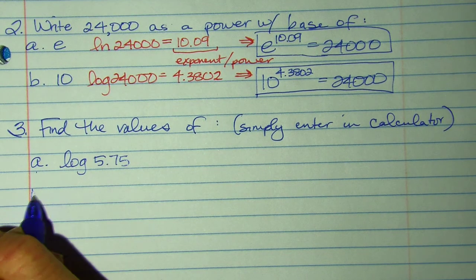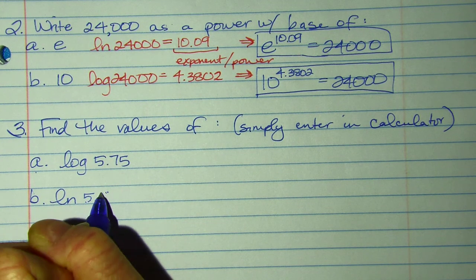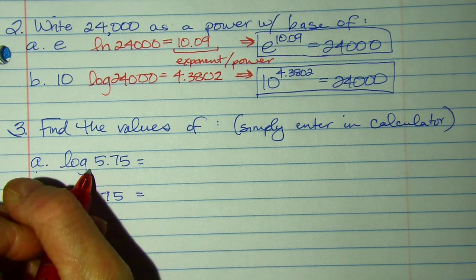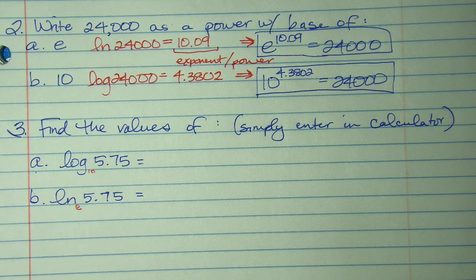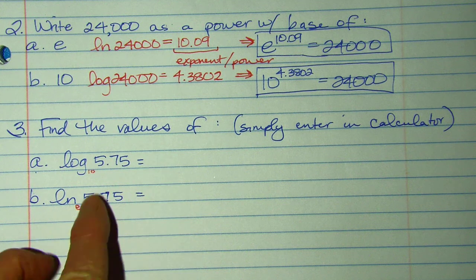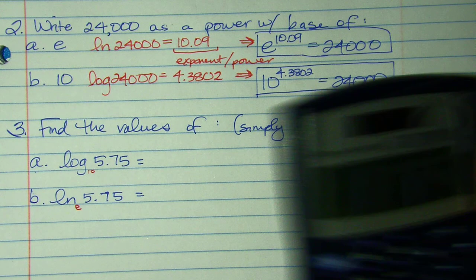And find the value of the natural log of 5.75. And they should be different, right? Because this has a base of 10 and this has a base of e. And so 10 to the power is going to be a much smaller number to get 5.75 than e, because e has a value of 2.7. So they should be different.